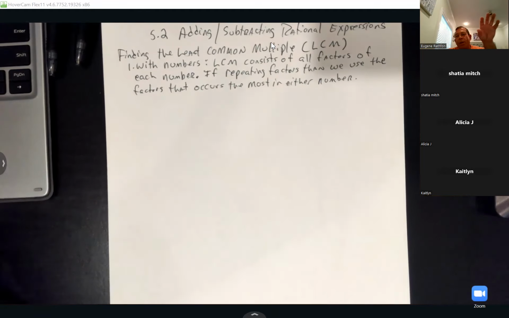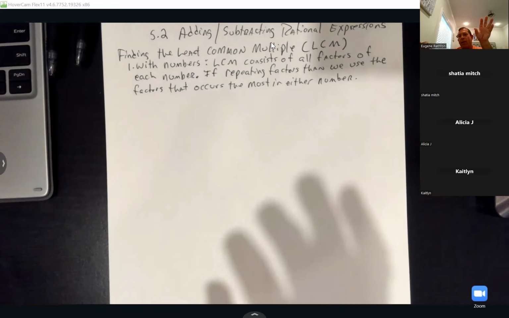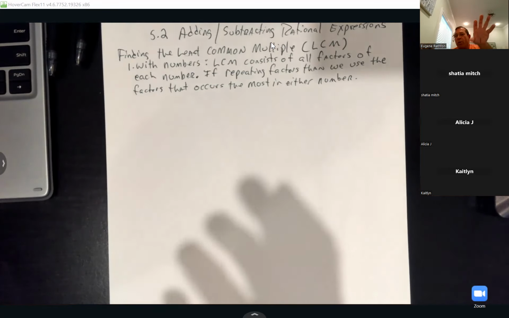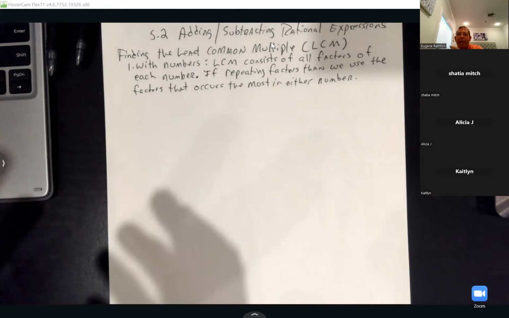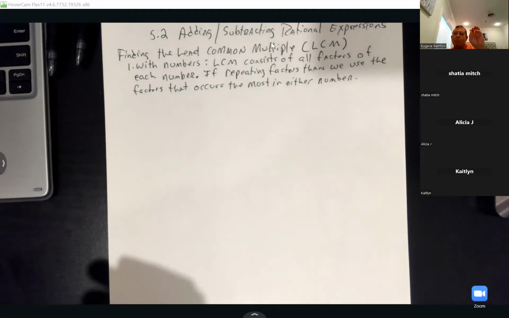So what I mean, if one number has 2 7s and one number we factored out had 1 7, our least common multiple would have 2 7s in it. We got to go with the repeating factor that occurs the most.